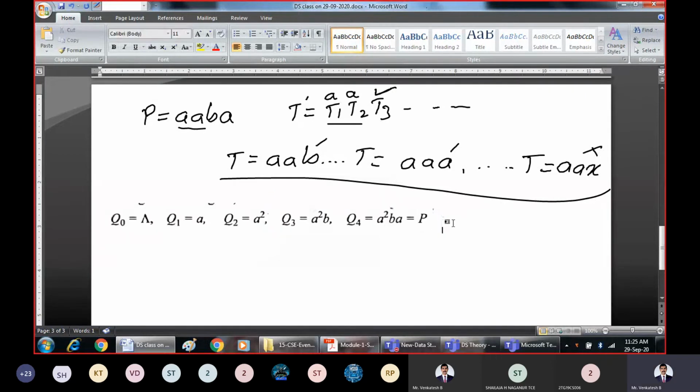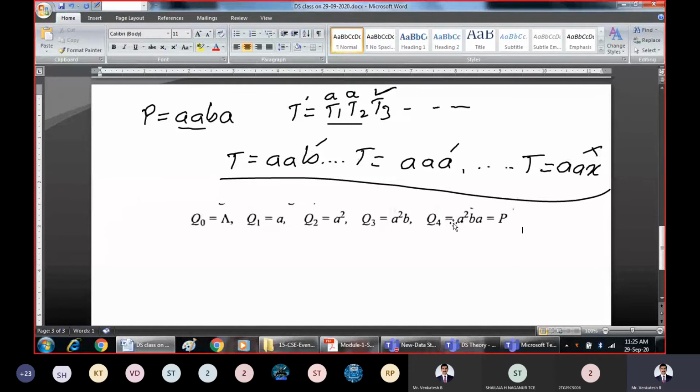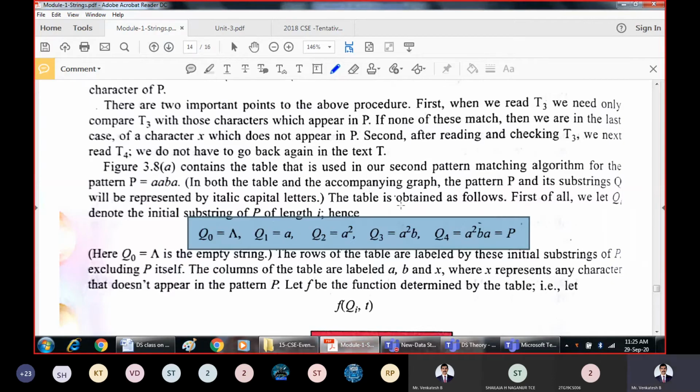So what are these? These are nothing but the initial possibilities when you are searching for the main string. When you are searching in this main string, what are we searching? We are searching for this pattern in this main string, and these are the possibilities. We will make some initial assumptions here.